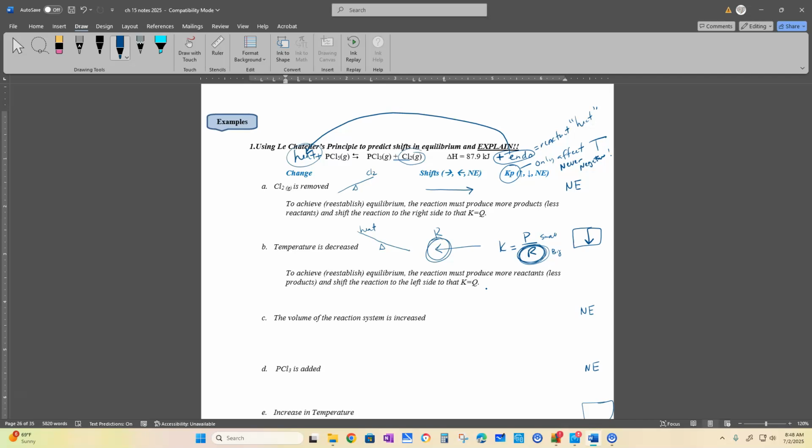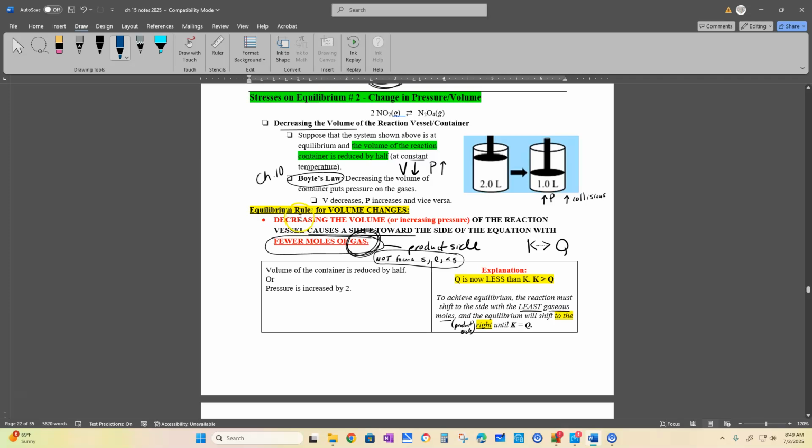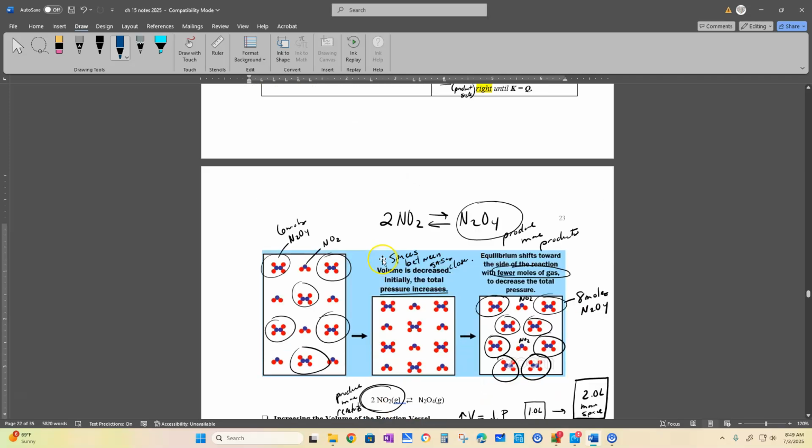All right, volume of the system's increased. Okay, so volume of the system's increased, which means pressure is going down. Okay, but what are we looking at? Well, remember, if volume is increased, let's go back in the notes. That was decrease.